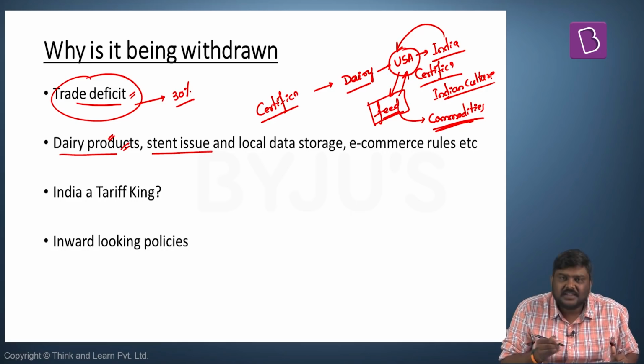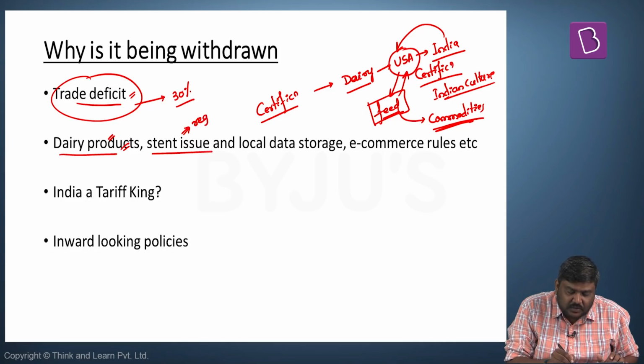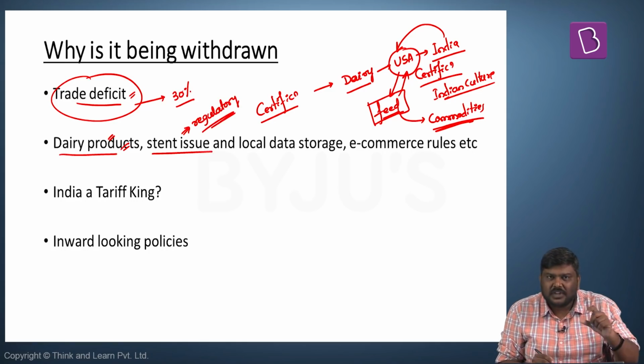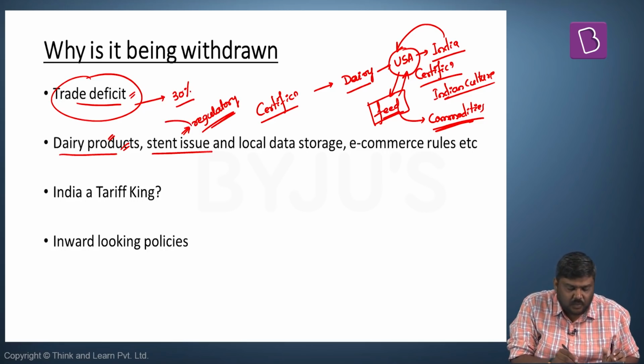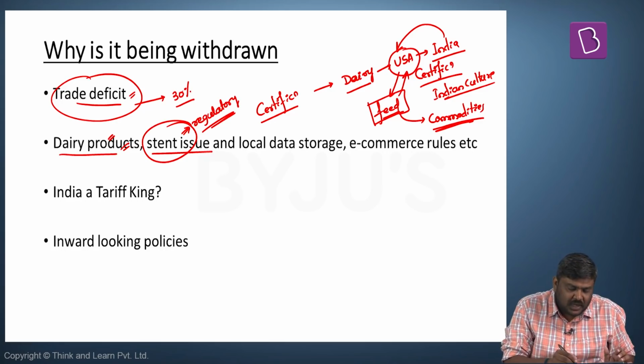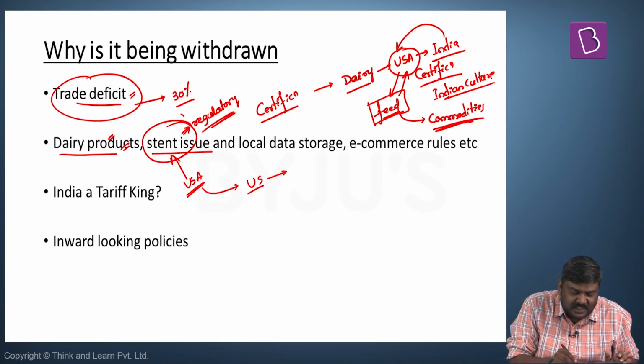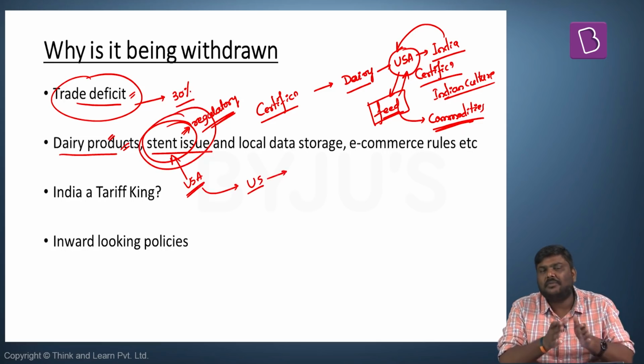Second, very recently, the government of India started regulating the prices of medical devices in the market. And one of the products that it started regulating was the stent. And the producers, who are majorly US manufacturers, approached the USA government and complained against this regulation by the government of India.